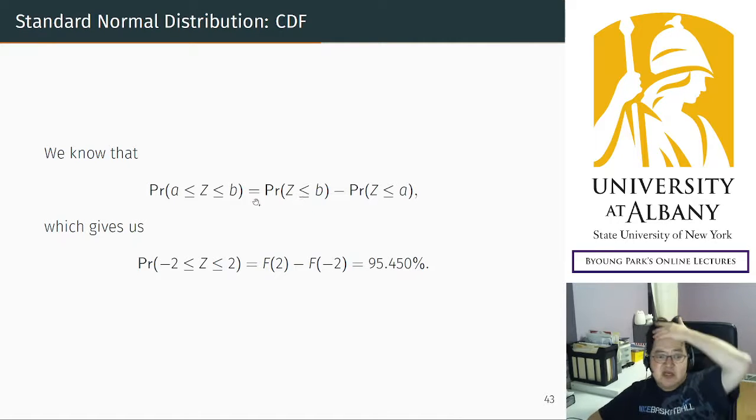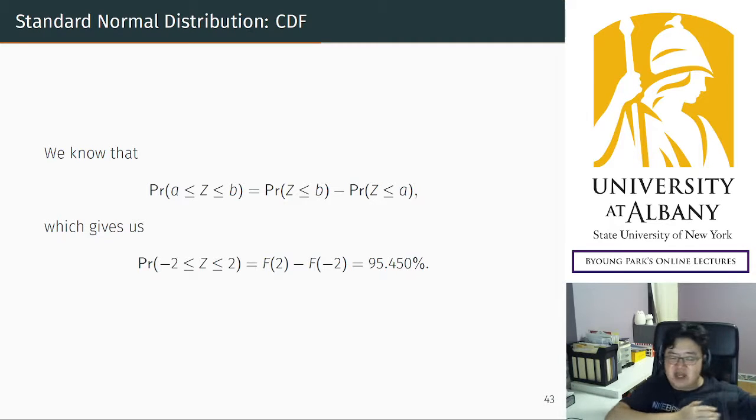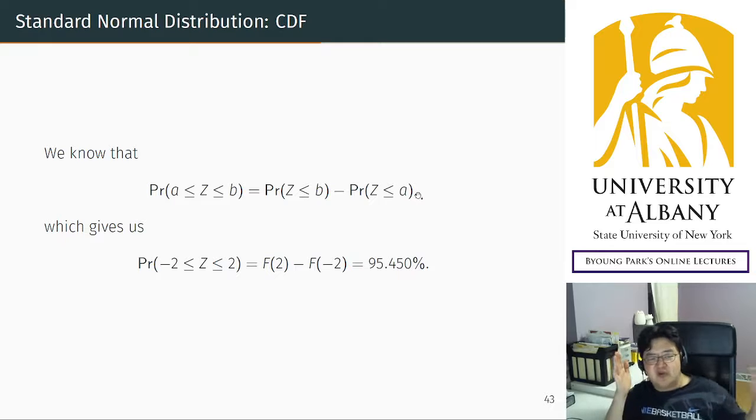Think about this. The probability smaller than B is the area from minus infinity up to B, and the other probability is the area up to A. Their difference is the area between A and B, which is the probability between A and B. So think about their area.